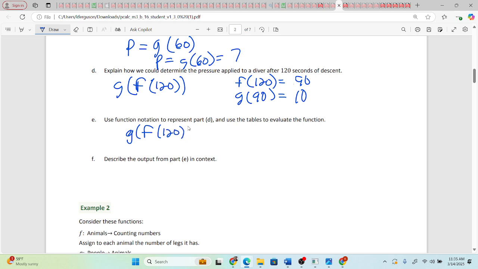So this is function notation for that. And it says describe the output. That's just saying the pressure applied to the diver after 120 seconds of descent is 10 atmospheres.